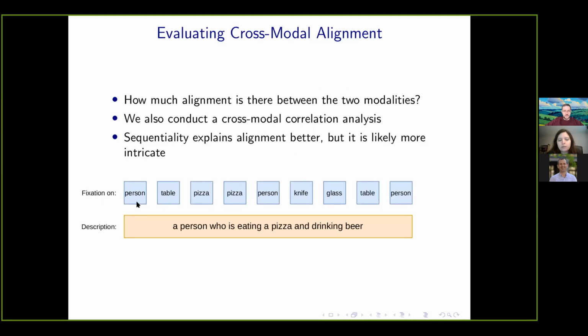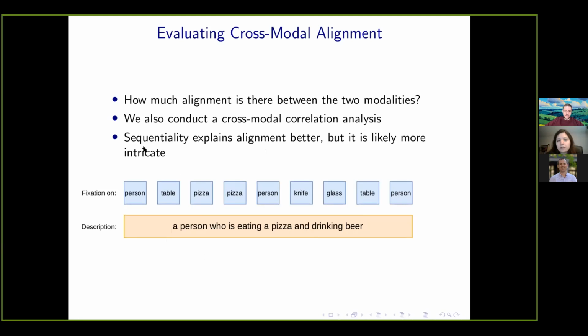So people looked at person, table, pizza, person, knife, and so on. And then we have the description. I'm not going to go into detail now about this, but what we did was to compare the scan paths with each other and compare the sentences with each other, having these pairwise similarities and then ranking them and then seeing the correlation.